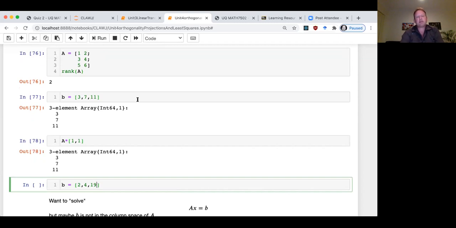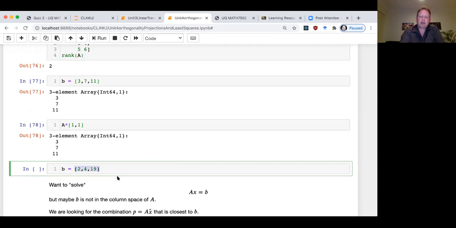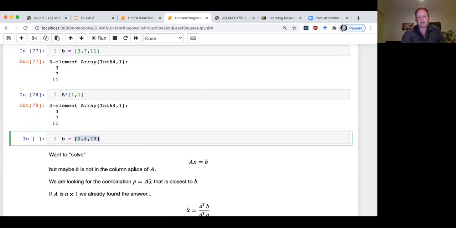So what I'm going to do is take the column space of A and find the vector that is the projection of b onto the column space of A. I want the best projection onto the column space of A. That is the name of the story, and that's what we're going to do.